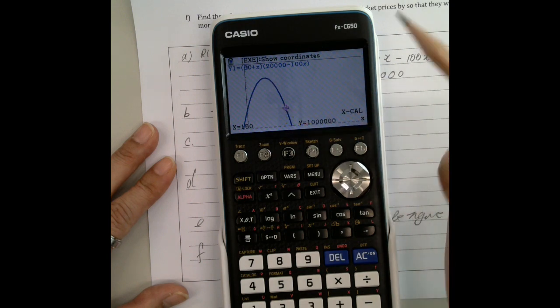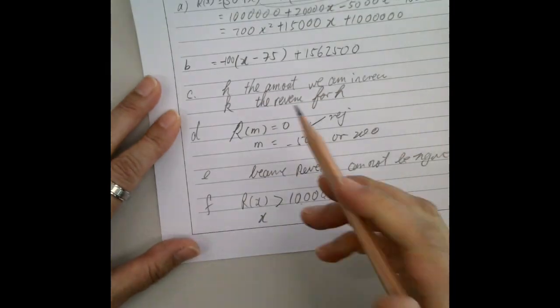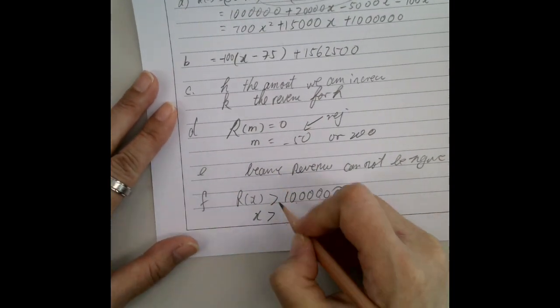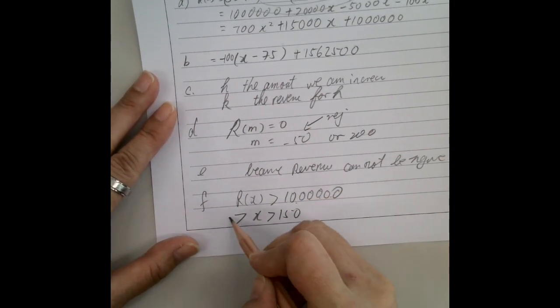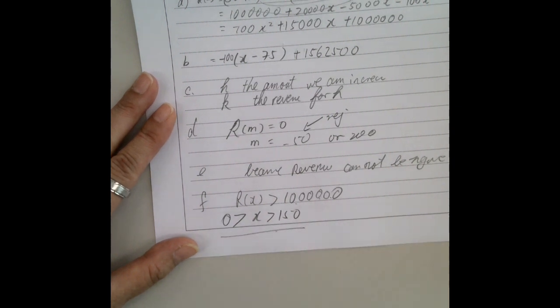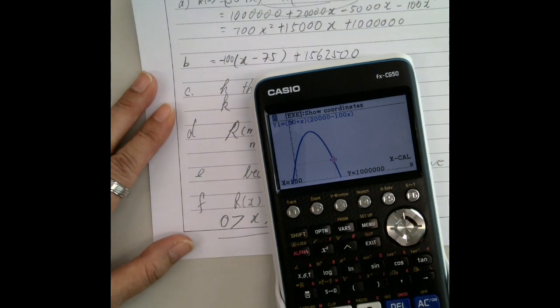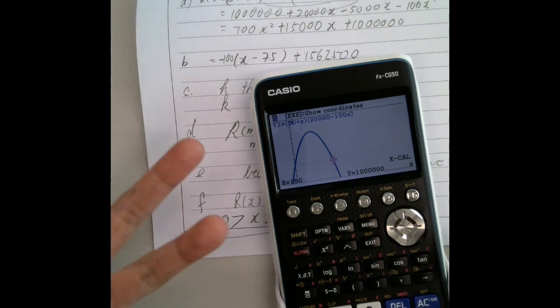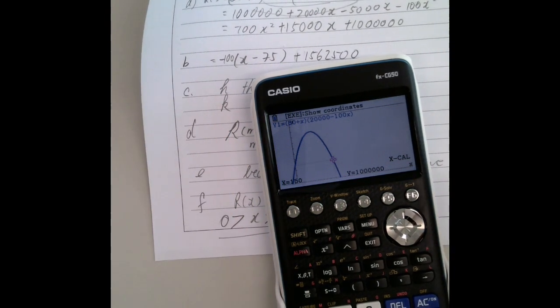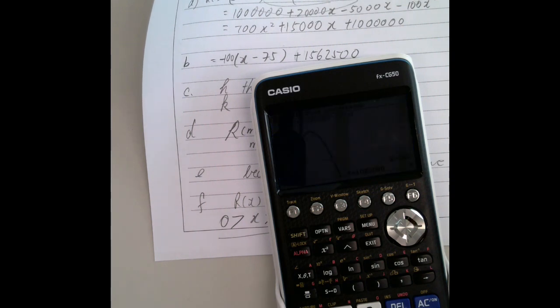Between this bit the curve will be above 10 million. So x should be bigger than 0 and smaller than 150. So this is how we got that. With the GDC we could do everything in one go. That was the reason. This is just one of the ways I use the calculator. The calculator is a pretty amazing tool, so let's see how we could make good use of it.